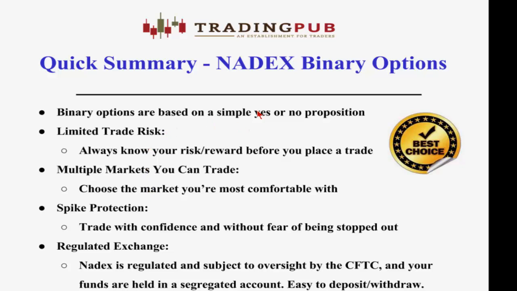Okay, quick summary. Binary options are based on a simple yes or no proposition. You're either right and you collect money, or you're wrong and you lose what you risked. You have a limited trade risk and reward before you place a trade. You have multiple markets you can trade. You can trade indices, commodities, forex pairs, Bitcoin.